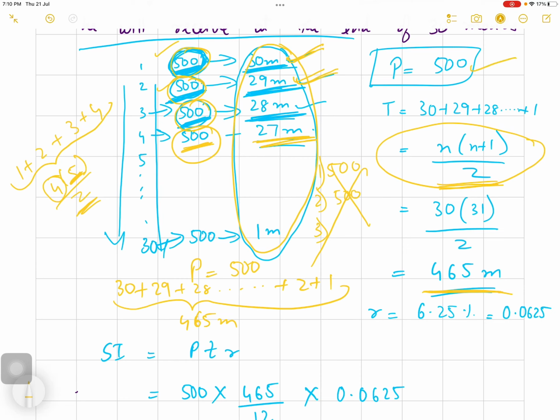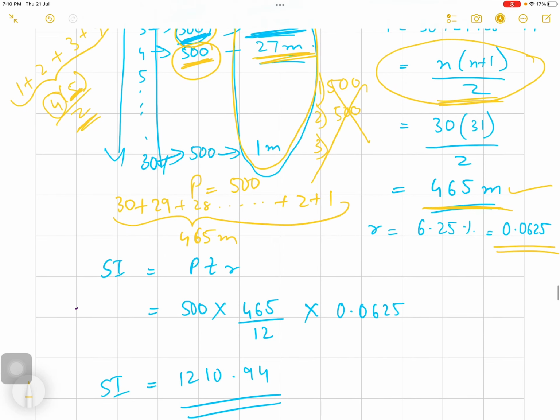Okay, so principal is 500, number of months is 465, rate of interest is given as 6.25%. Now let us calculate simple interest on the RD account. So P is 500, T is 465 divided by 12, because we are taking the number of months, right?